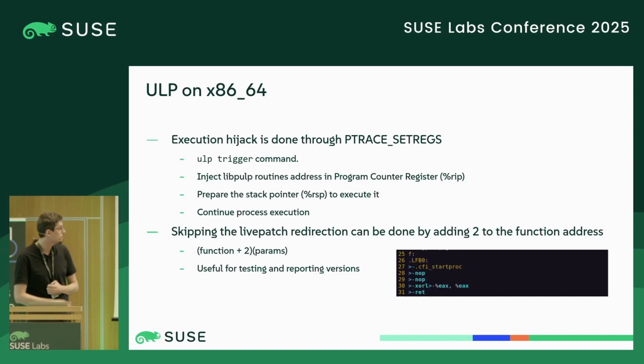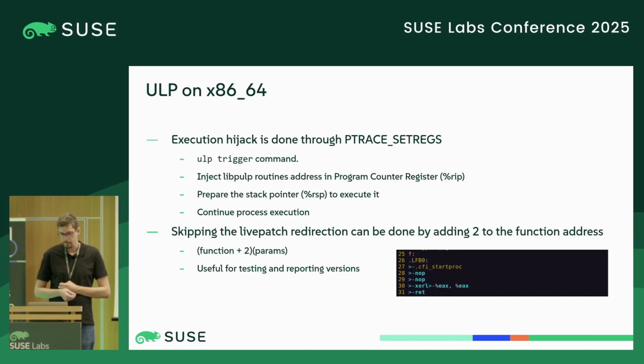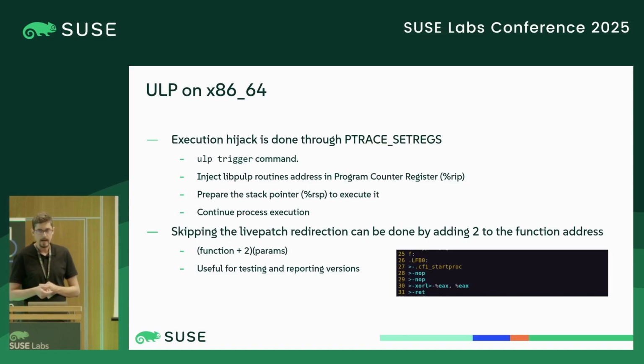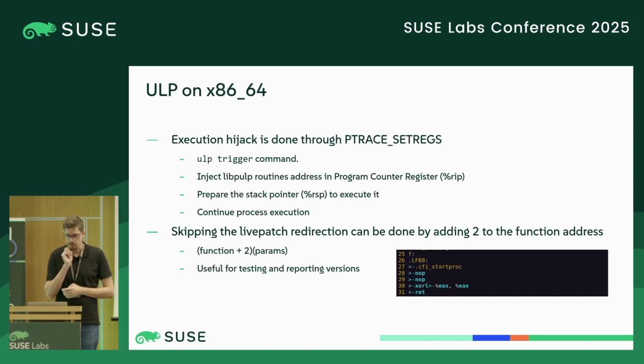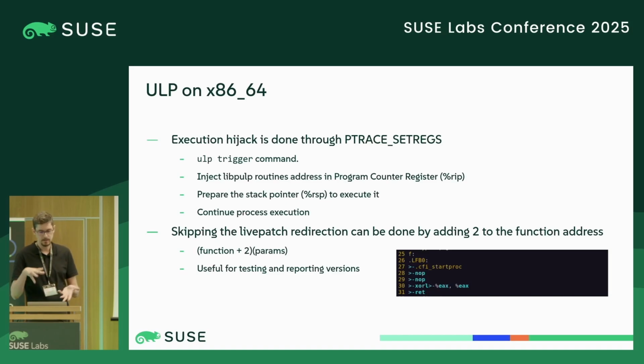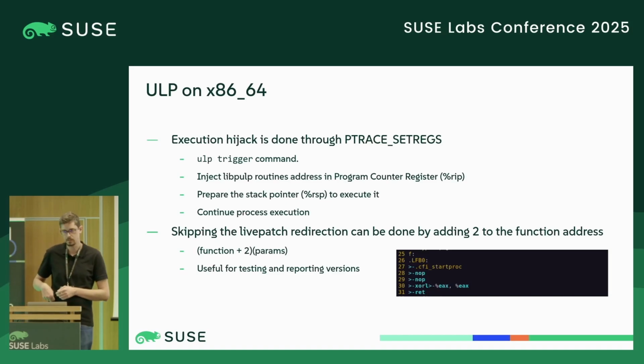To apply the live patch, we have to hijack the execution. We do that by using the ptrace system call, PTRACE_SETREGS, which is wrapped in the ulp trigger command, which Zypper eventually calls when you install a live patch.